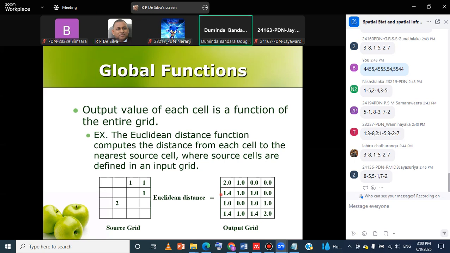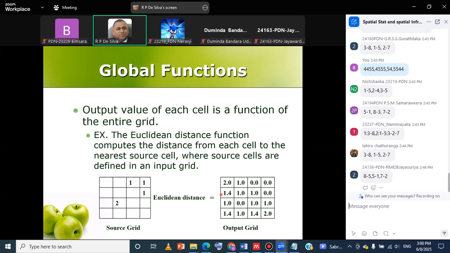No, sir. Right. Now, if you think of applications, what kind of applications do you have for this? For example, you are asking, what is the nearest school in terms of Euclidean distance to me?